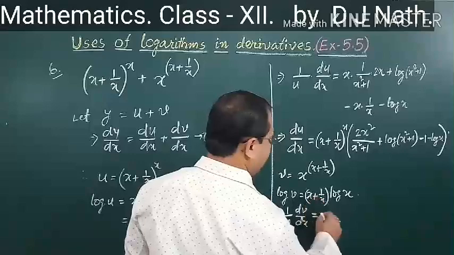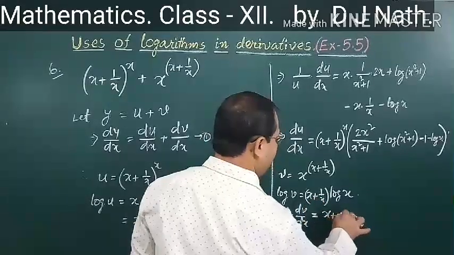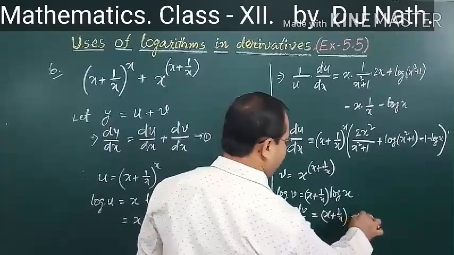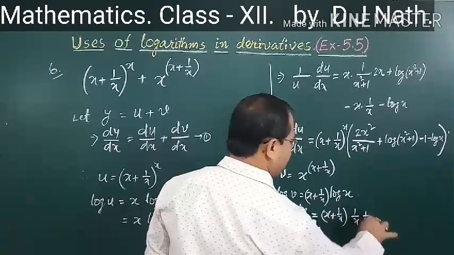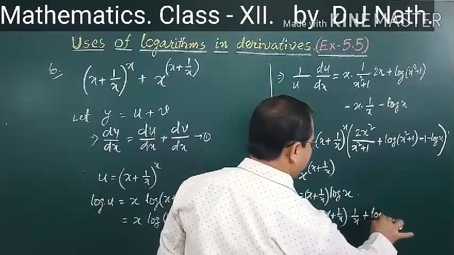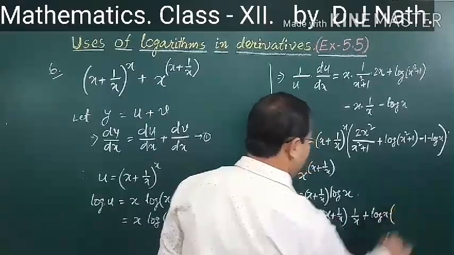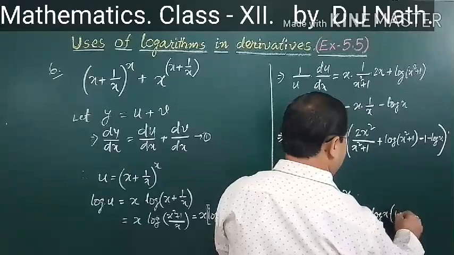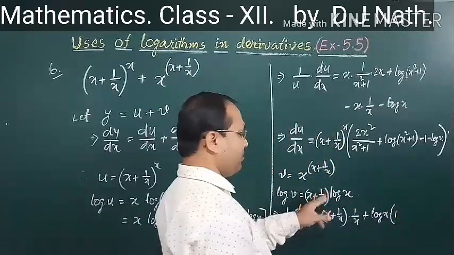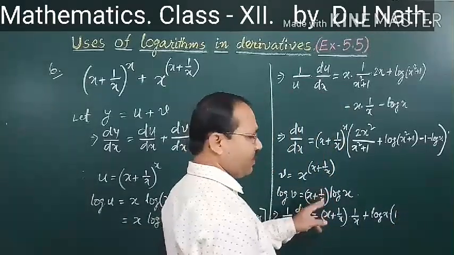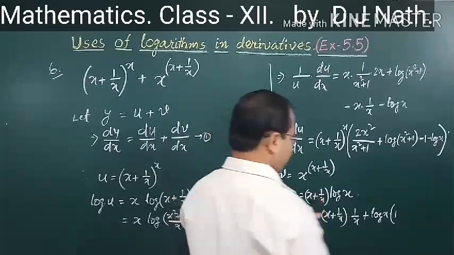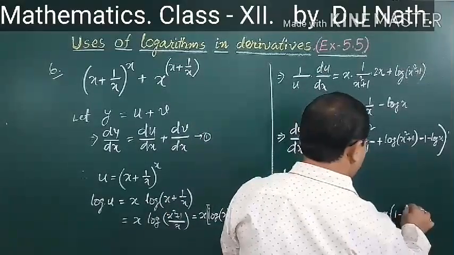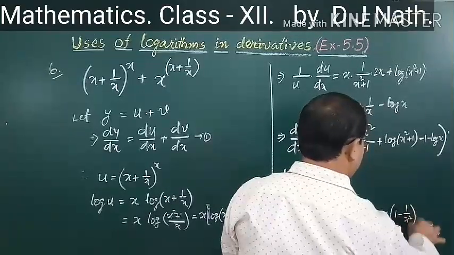So it will become (x plus 1 upon x) into the derivative of log x, which is 1 by x, plus log x into the derivative of (x plus 1 by x), that is 1 plus the derivative of 1 by x, which is minus 1 by x square.